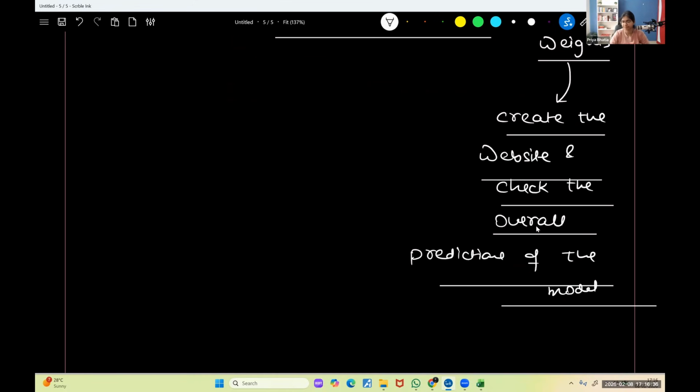Is this okay? So this is basically for the user defined interface.